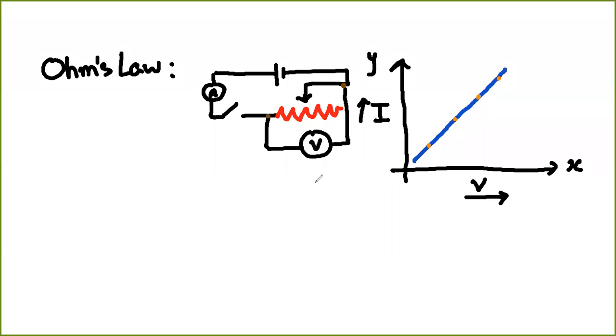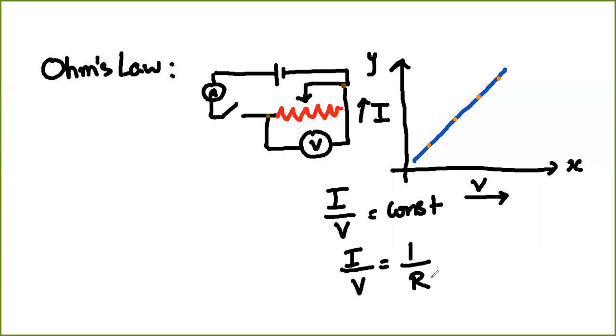And that will give you the relationship when you look at the slope of the graph. It will give you I upon V, which will be a constant. And that constant, of course, was nothing but 1 upon R. This relationship gives you Ohm's law.